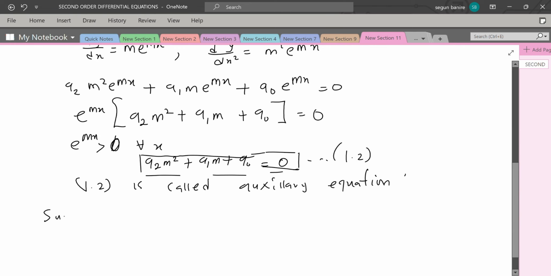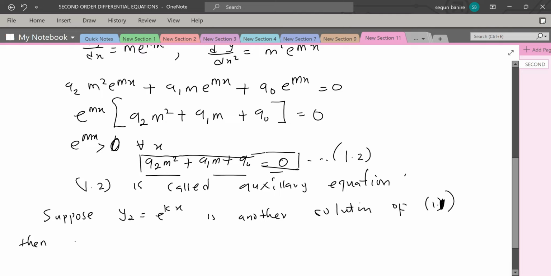Let's say y2 equals exponential kx, with another constant, is another solution of equation 1.1.